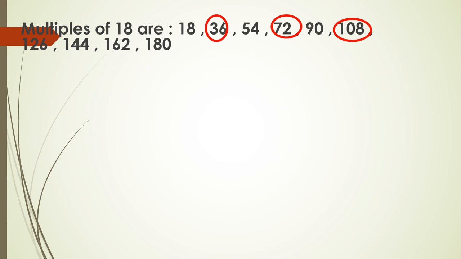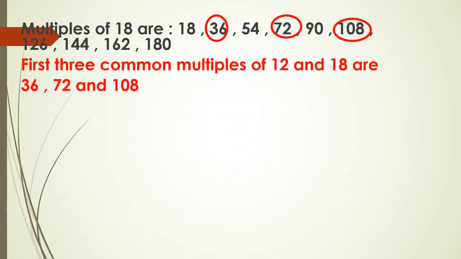Then see the first 3 common multiples which are present in both. They are 36, 72 and 108. More than this is also possible, but we have to write down only the first 3. Okay?